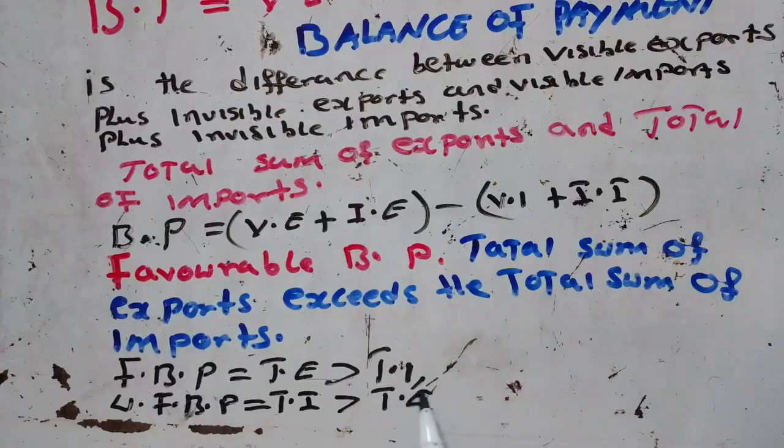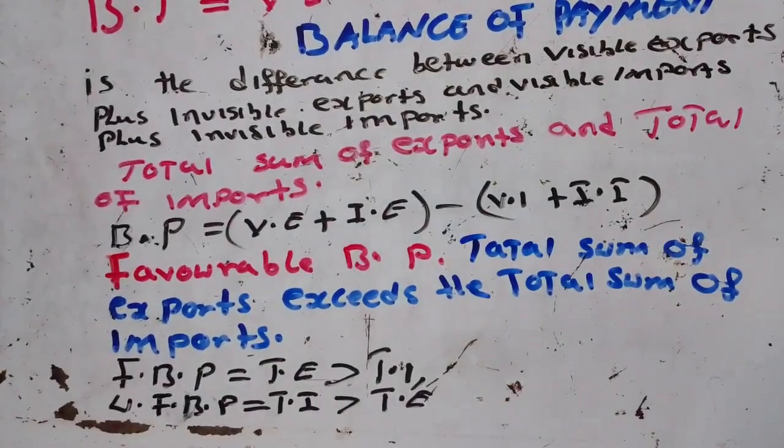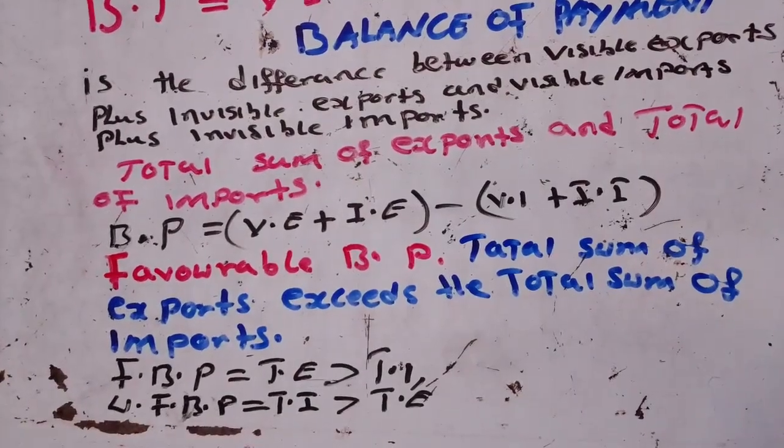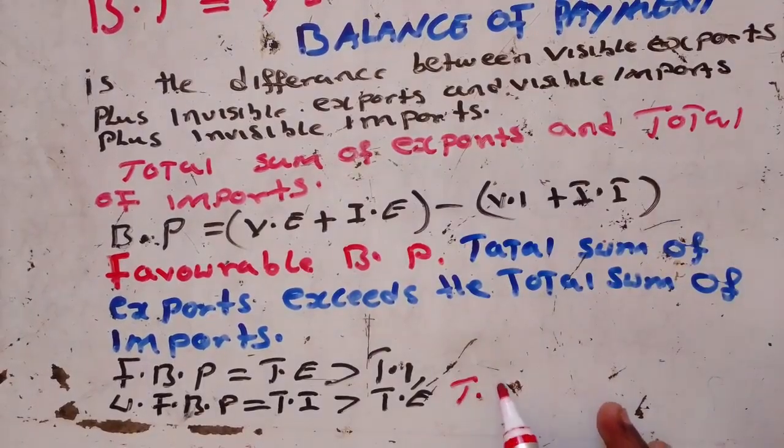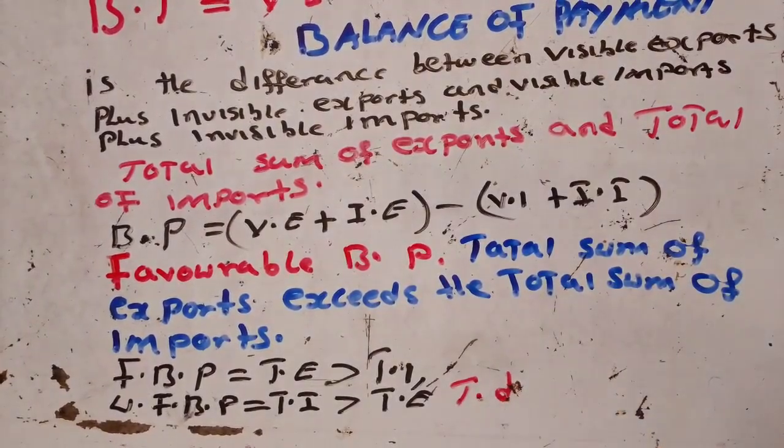When a country has a greater total number of imports compared to the total number of exports, we say that we're going to have unfavorable balance of payment. And in this situation, we're going to have a trade deficit. Okay, so let's just create space for more important notes.